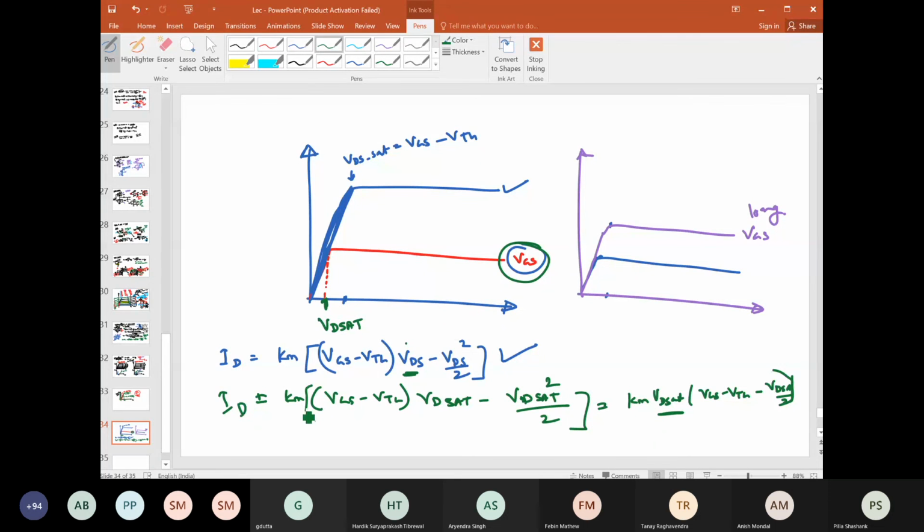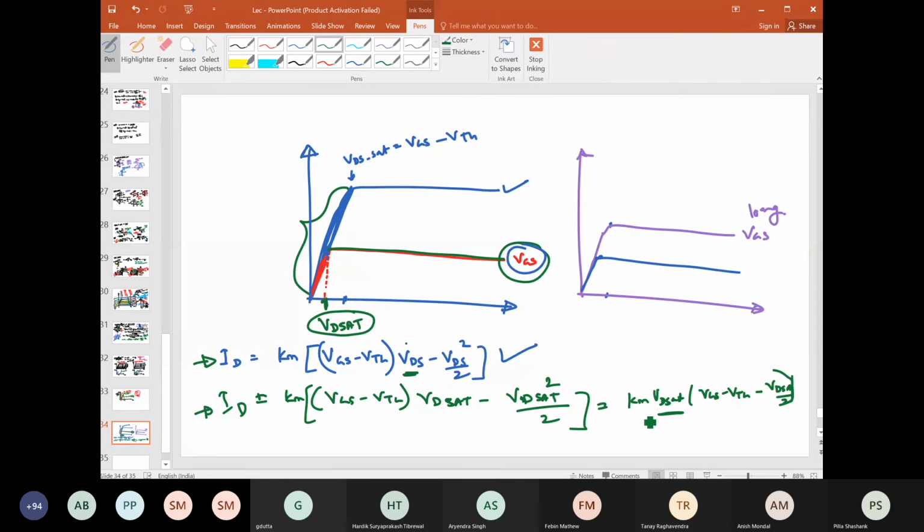Then for a particular constant VD sat, this is the equation of ID for a long channel transistor operating in the triode region. If you substitute the VDS value equal to VD sat, you get the current level, which is the equation of current for a short channel MOSFET operating in the saturation region.